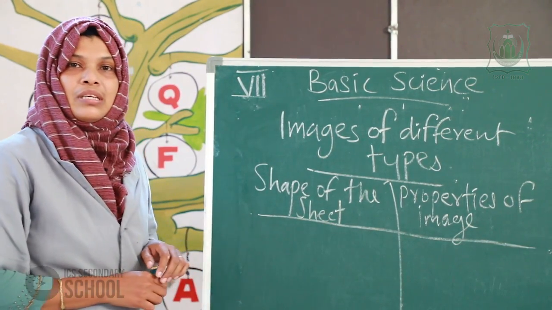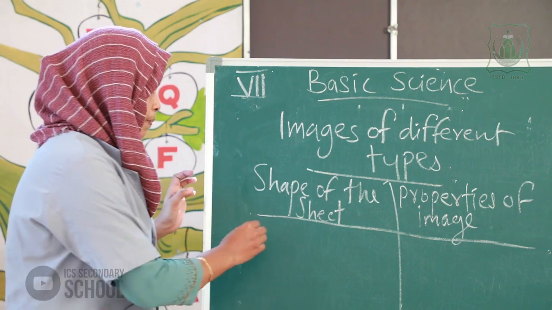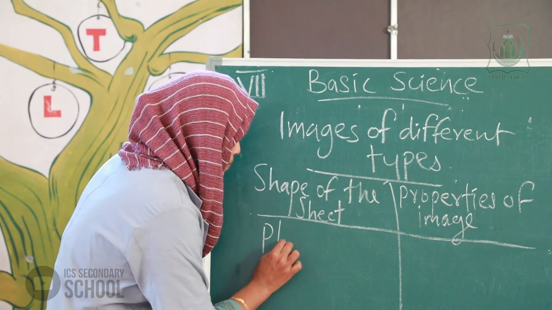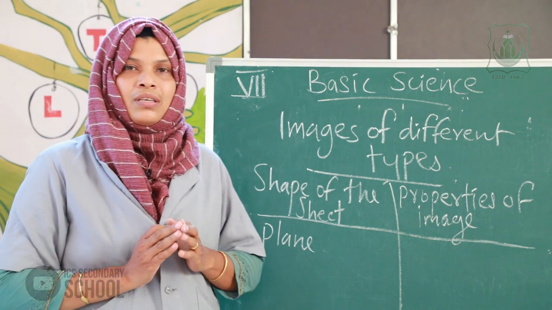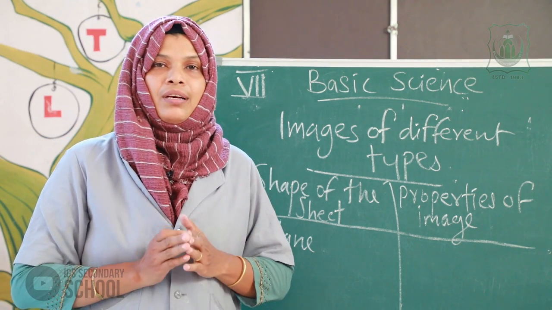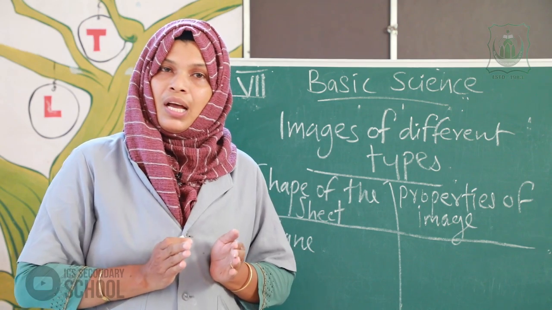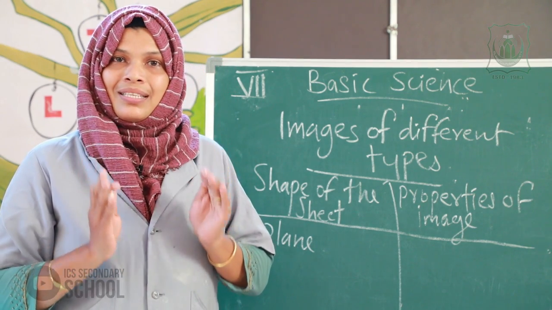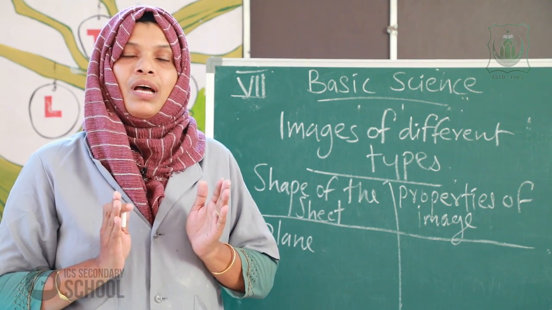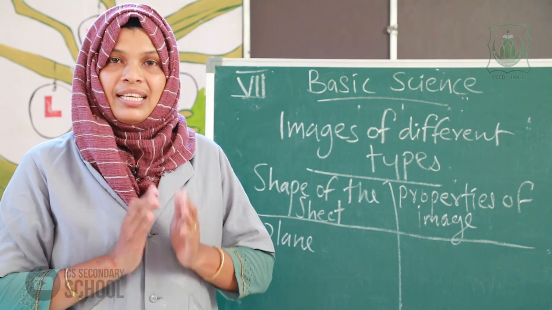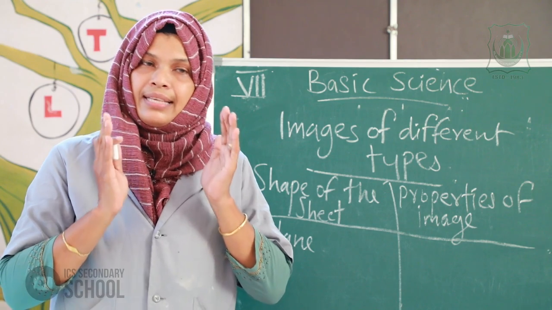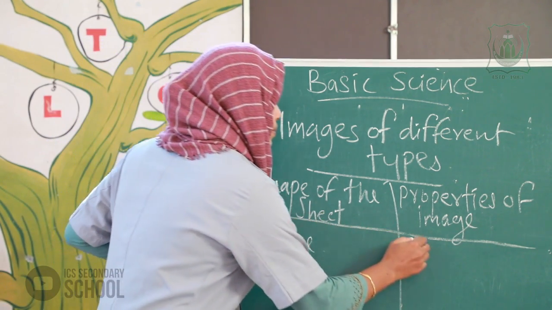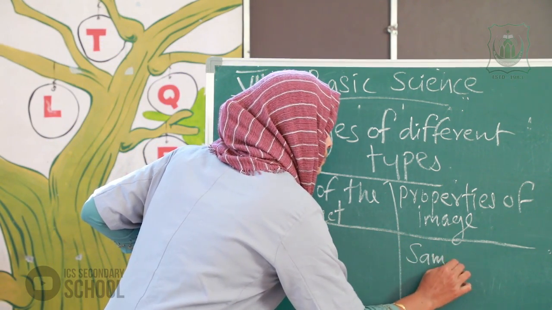First, the sheet in the form of a plane. What is your observation? Plane, like a plane mirror. The size of the image and object is same. Face here, face here, the size is same.